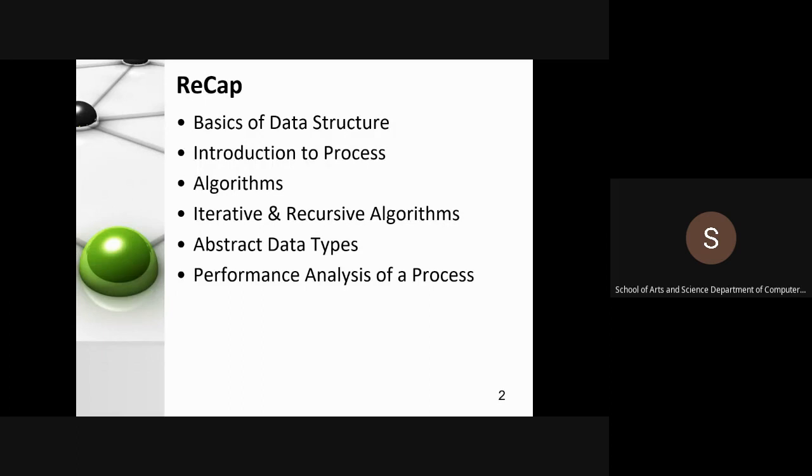Then we defined what an ADT, an abstract data type, is and why it is needed. As a summary, what we concluded under the ADT: data structure deals with the size of data, the type of data, and the use of data within a process. So these are all the things that we covered so far.